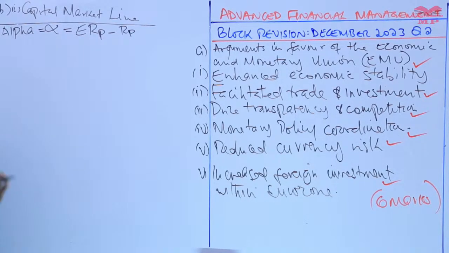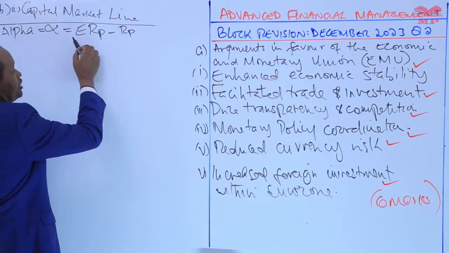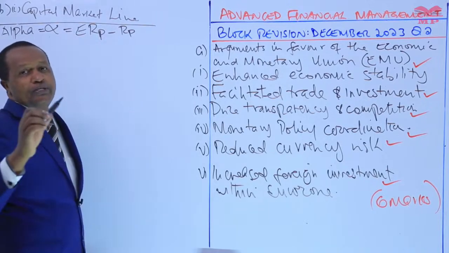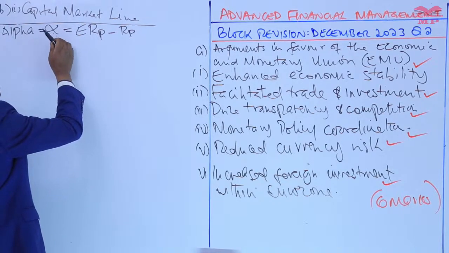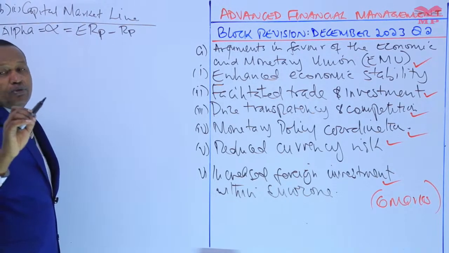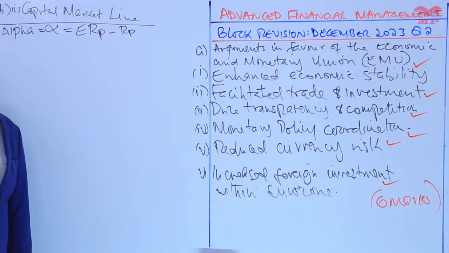Alpha represents the additional return earned by a portfolio beyond what would be expected given the level of risk as measured by beta. So we are going to calculate the alpha for each portfolio, for each combination, and the one that will register the highest alpha is the best portfolio to invest in.